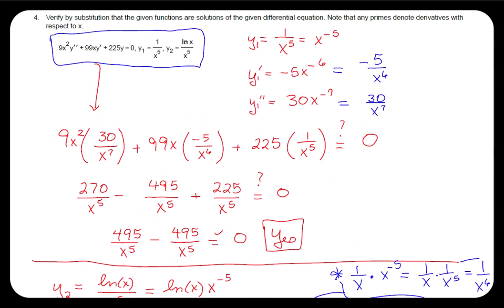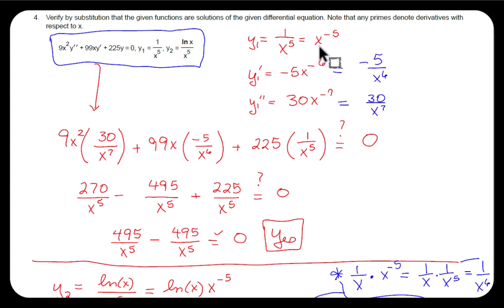All right, in question 4 here, we have 9x squared y double prime plus 99xy prime plus 225y equals 0. And again, we have two answers to verify. So the first one is y1, which is 1 over x to the 5th. I need to use my rules of exponents to rewrite this so that we can differentiate it, because you don't want to use the quotient rule on that.